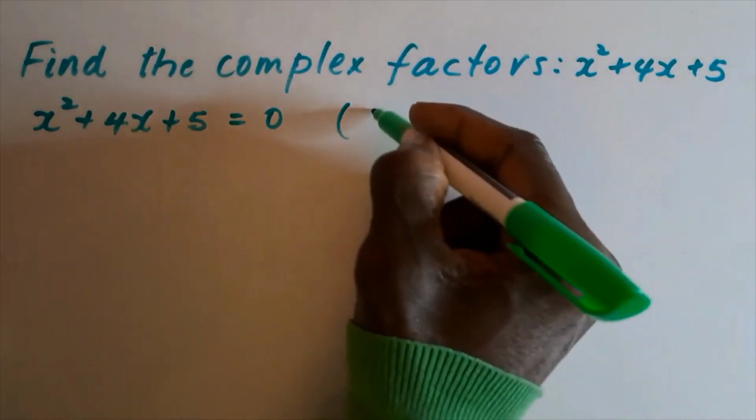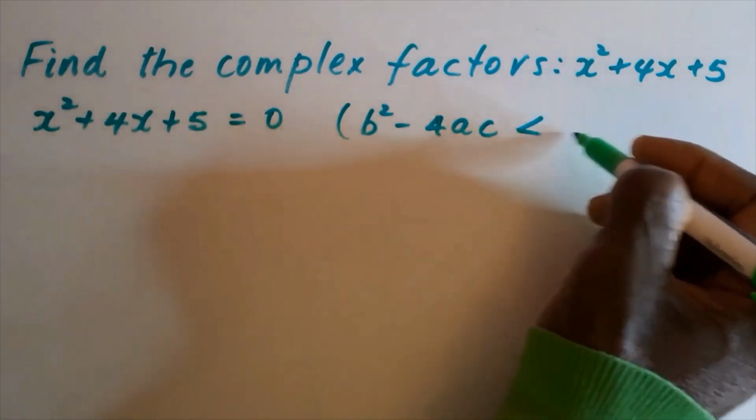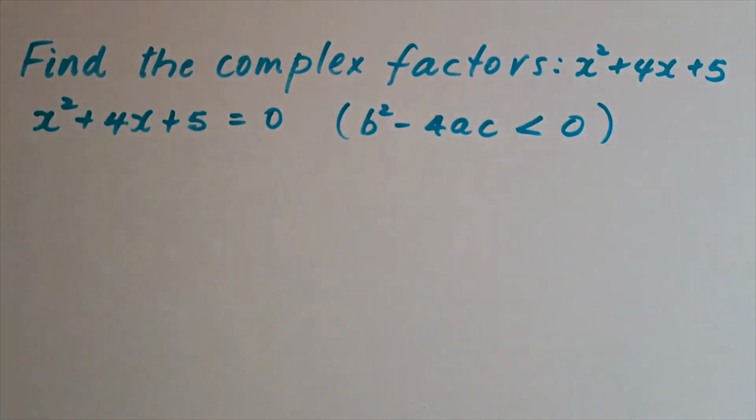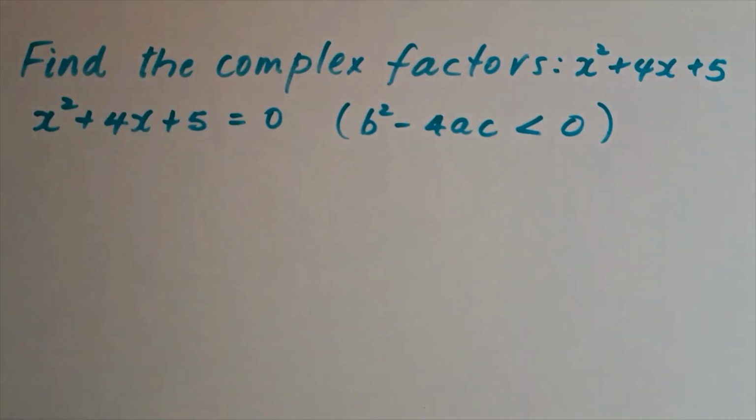Now, bear in mind that b squared minus 4ac here is less than 0. So we'll have a negative result in the square root, which we can express using complex numbers.